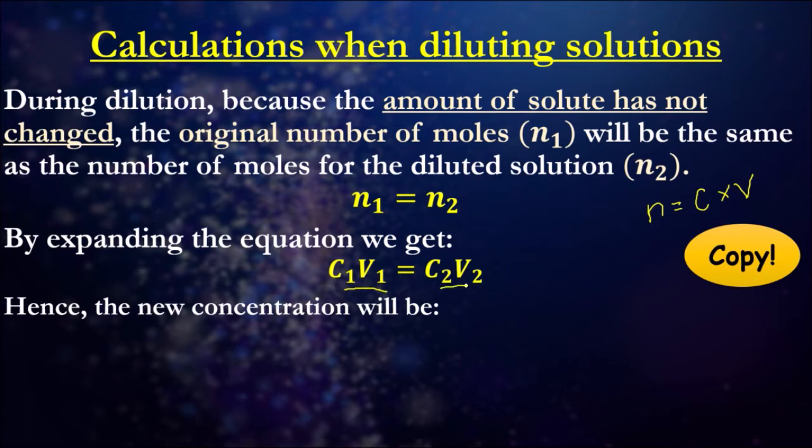And then C2, V2, that's the concentration and volume of our diluted solution. If I want to find what the new concentration of my diluted solution would be, I can rearrange, move V2 over, so divide it on both sides, and I will get this formula here. C2 equals C1 V1 over V2. So that's what we have.